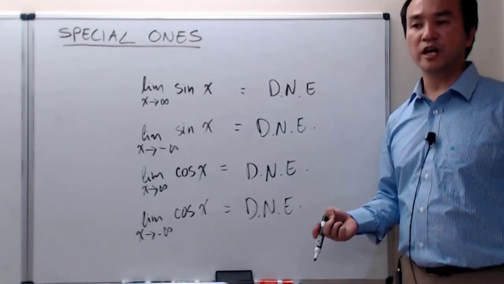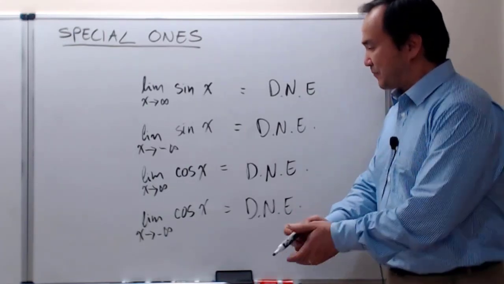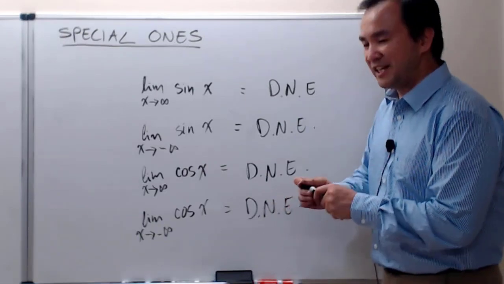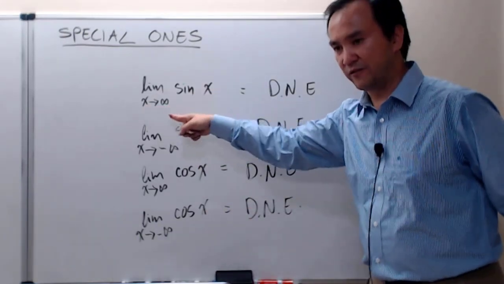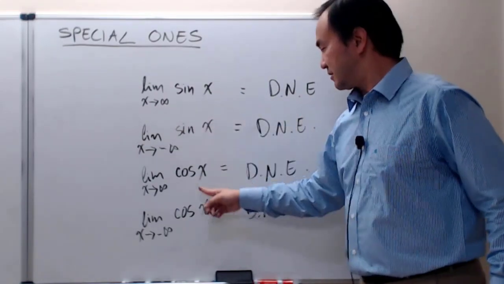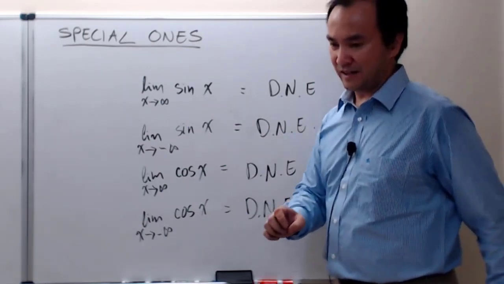So these are a couple of known ones, and so put them down in your pocket reference somewhere, so that later on when we see any of these, you don't have to reinvent it. You just simply say the limit of sine of x as x goes to infinity is a DNE. The limit of sine of x as x goes to negative infinity is a DNE. Okay.